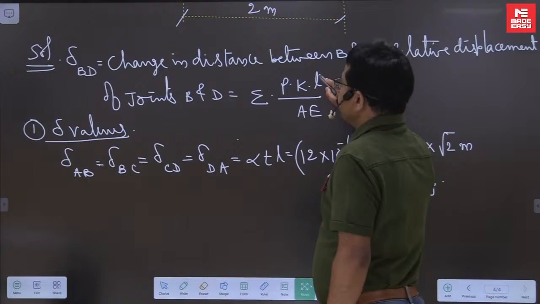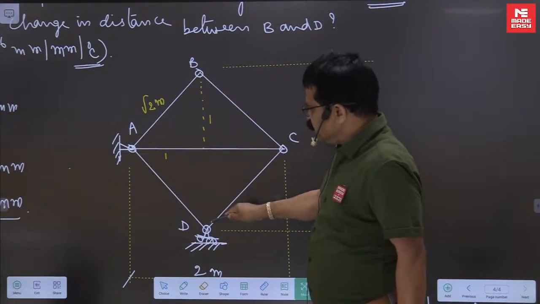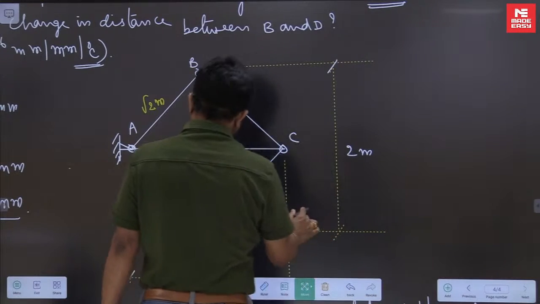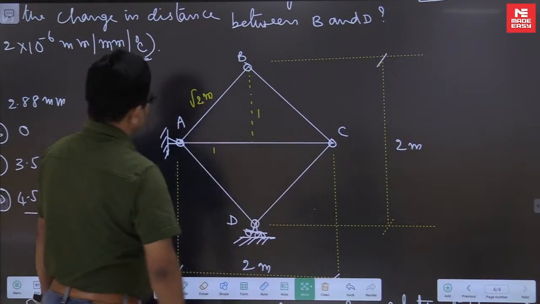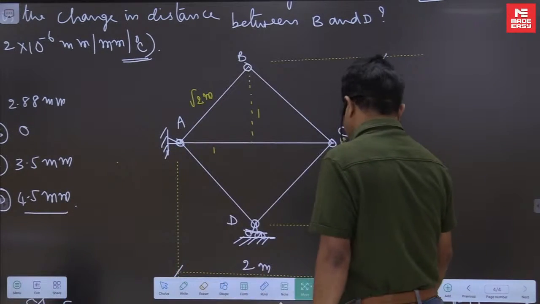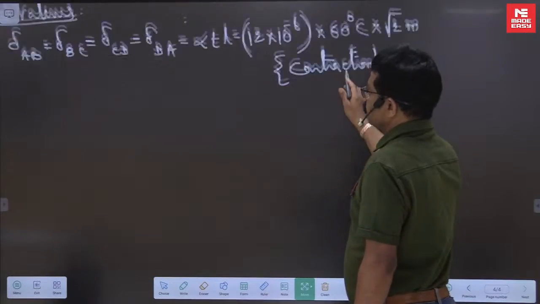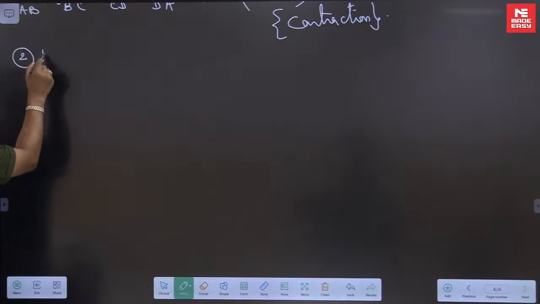Next, what we require is the K values. You must apply 2 unit loads at B and D. Here itself I could apply them, or otherwise we can write a separate diagram. Okay, we'll write those values separately. Second step, K values.